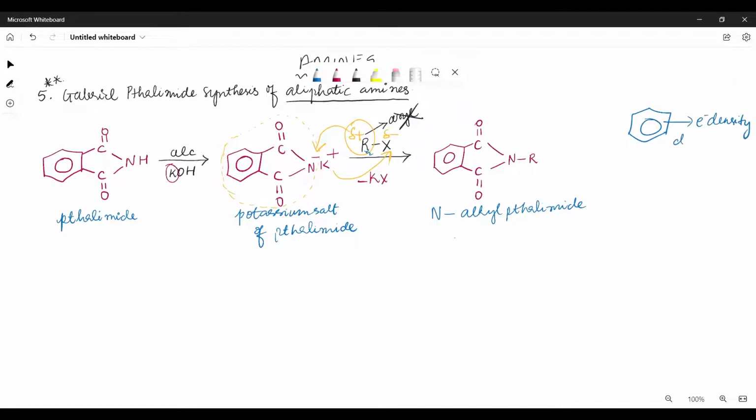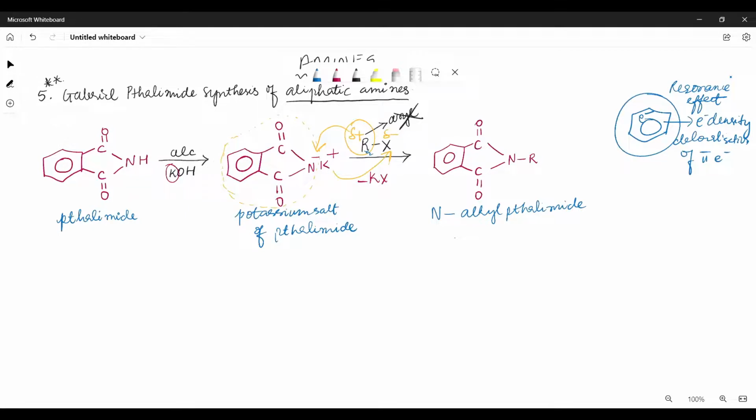Why? Because there is delocalization of pi electrons. Of course, this is going to show something called resonance. So benzene is resonance stabilized. As a result, benzene is going to be electron rich.